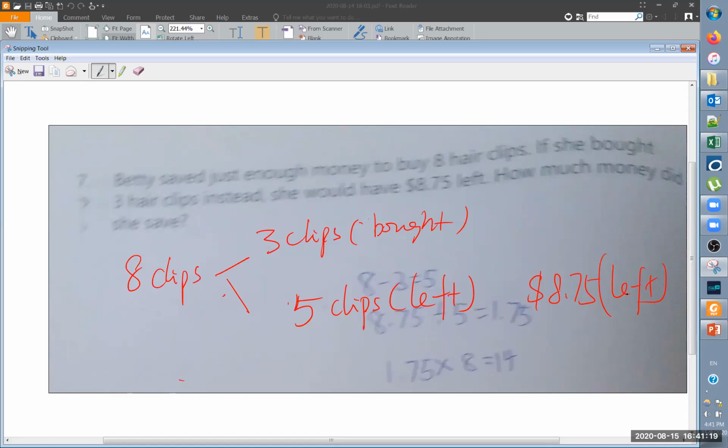So you save this much more money, am I right? You save $8.75 because you never buy what? Am I right?